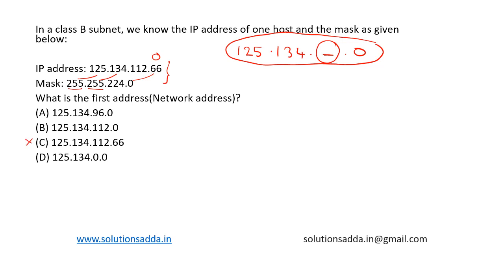Now let's write the binary form of 112, that is the third octet of the IP, and the binary form of 224, that is the mask, and perform the bitwise AND operation. So 112 is written as 0 1 1 1 0 0 0 0, and 224 is written as 1 1 1 0 0 0 0 0.